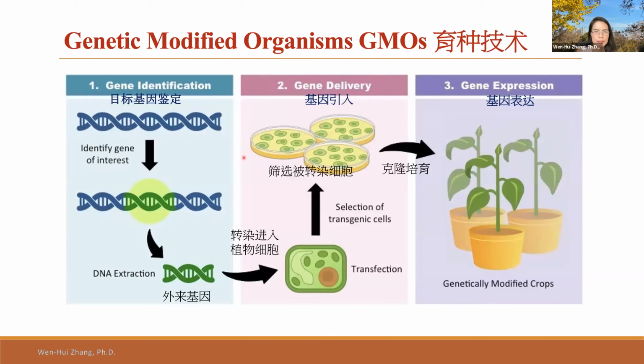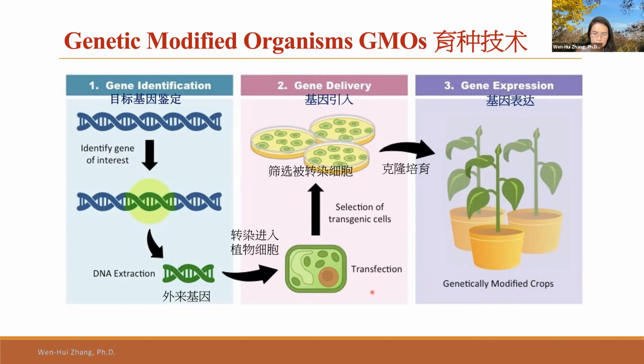Now, GMO is a modern technology. Identify a gene of target or gene of interest, then extract this fragment of gene and insert it into the plant cell. And then you select the plant cell that has the gene of interest inserted, then clone and culture. It becomes a genetically modified crop.